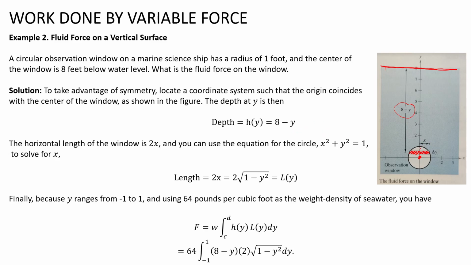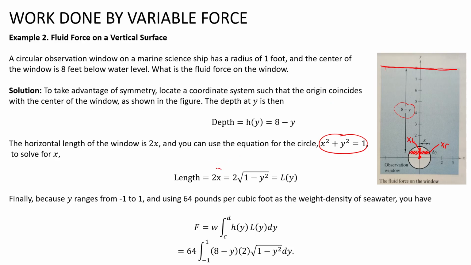So for the length, you can just analyze half of the strip. So x left is 0, x right is the equation of the circle. So if you don't know how to generate the equation of the circle, you won't be able to solve the problem. You need to determine the equation of the circle for you to be able to determine the length.